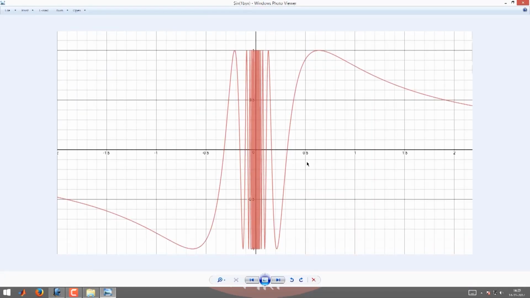You see the graph of the plot here. So much fluctuating. I want you to discuss the continuity of this function.